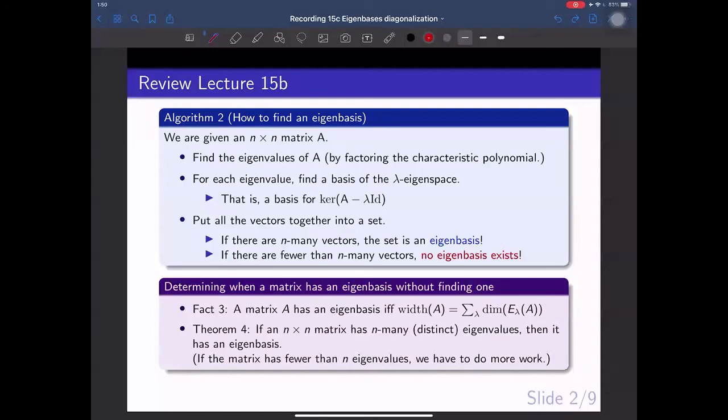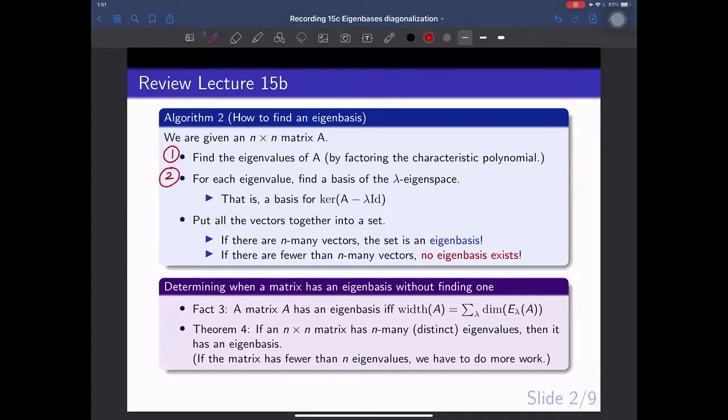Last time, we talked about an algorithm to find an eigenbasis for a matrix or determine that it does not have an eigenbasis. First, we find the eigenvalues of the matrix by factoring the characteristic polynomial. And then for each eigenvalue, we find a basis of the eigenspace corresponding to that eigenvalue.